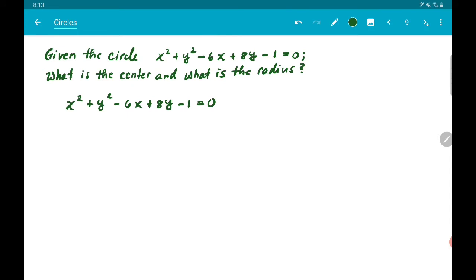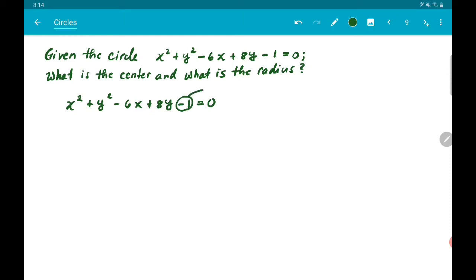In order to rewrite this in center-radius form, which gives us the center and the radius, we will have to rearrange this equation. First to go is the negative 1.